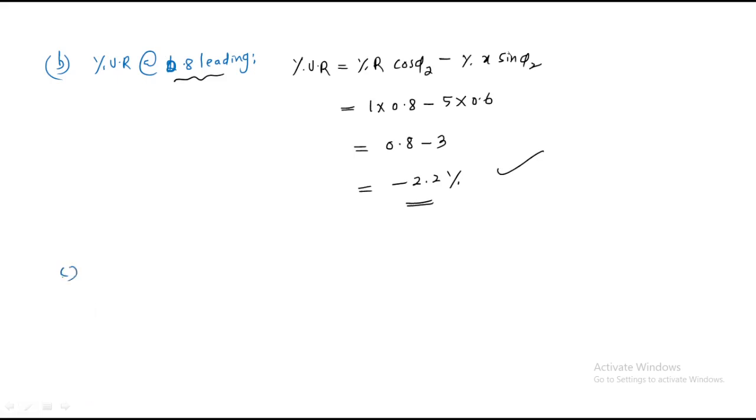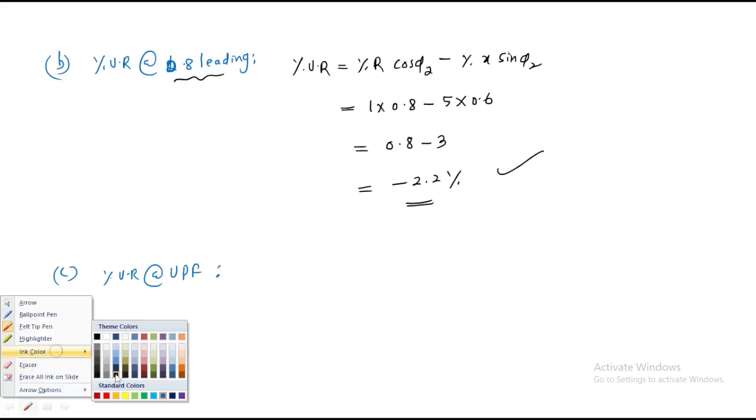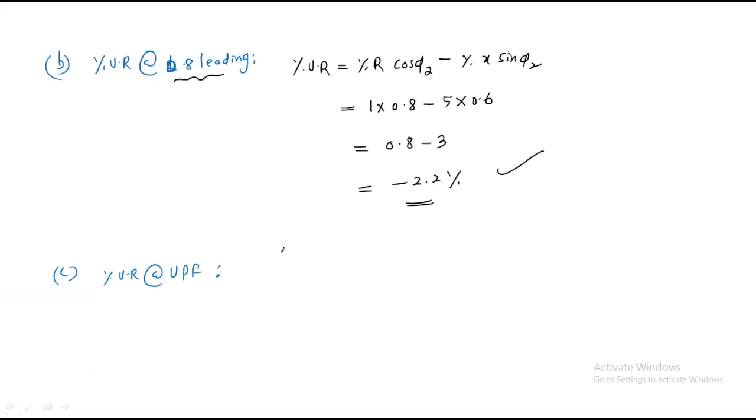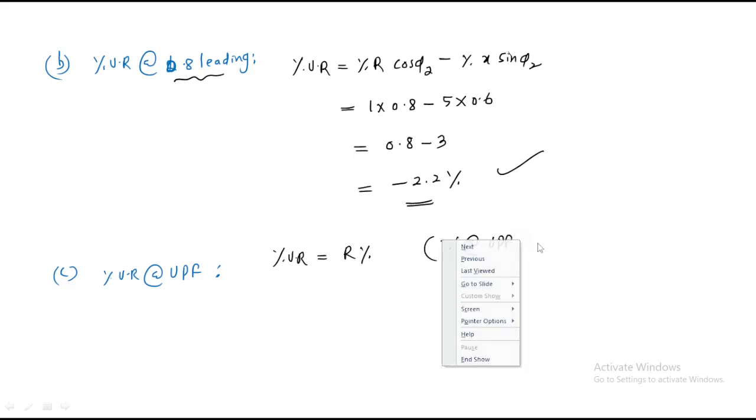Next, percentage voltage regulation at UPF. We all know what the percentage voltage regulation is at UPF. Only percentage R, because at UPF the phase angle equals 0 only.